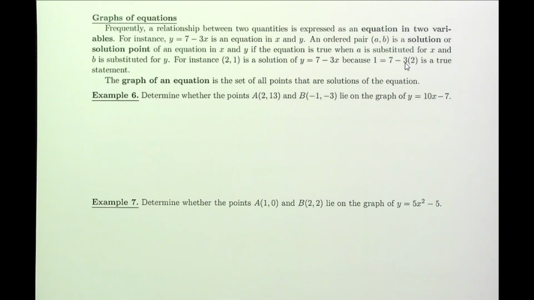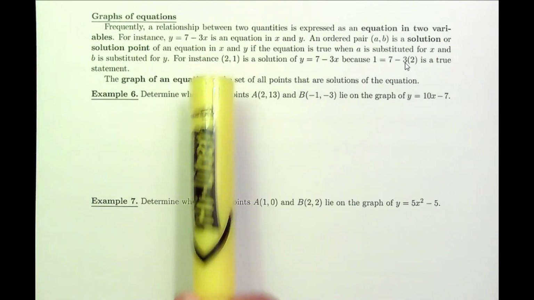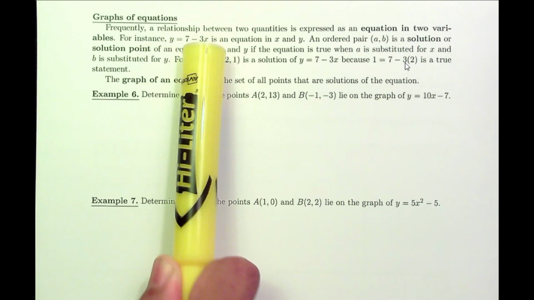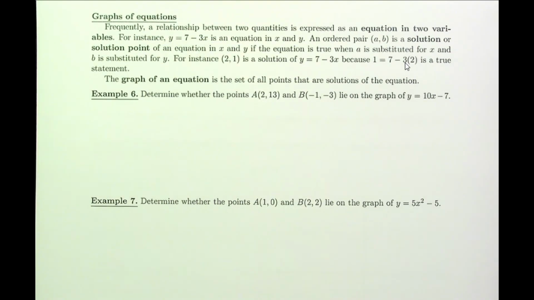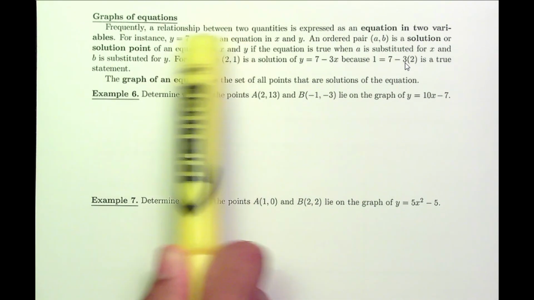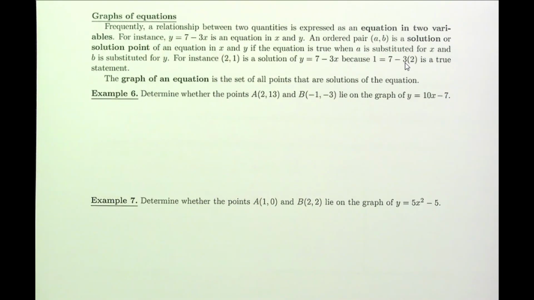And equations can be represented geometrically on the Cartesian plane. And the way you do that is you plot all the points, all the ordered pairs that satisfy the equation. So you have an ordered pair x and y or a and b, and if it satisfies that equation, then that's going to be part of the graph.